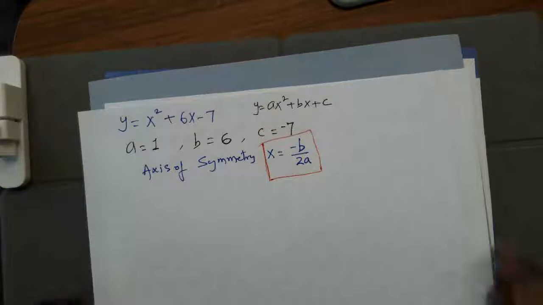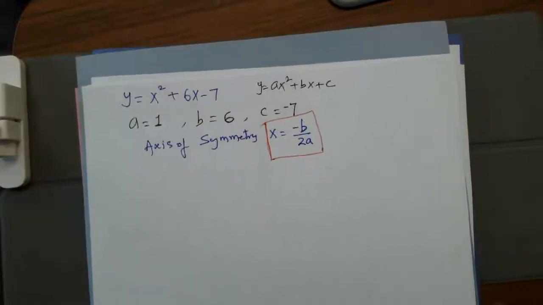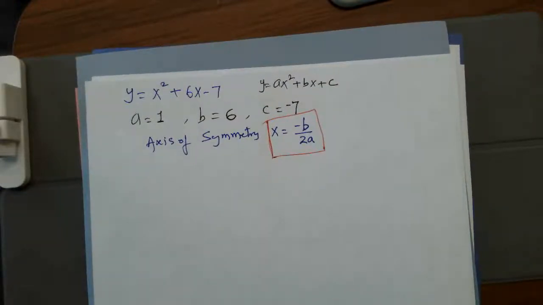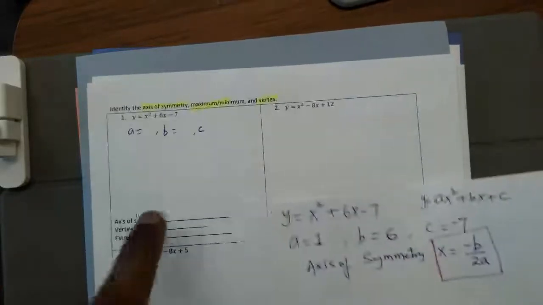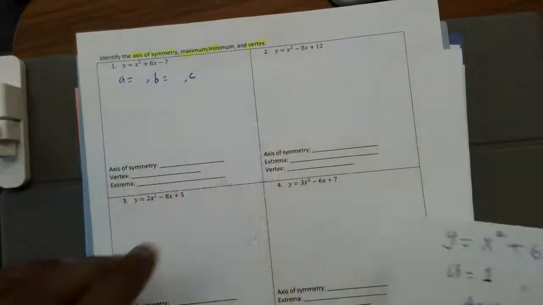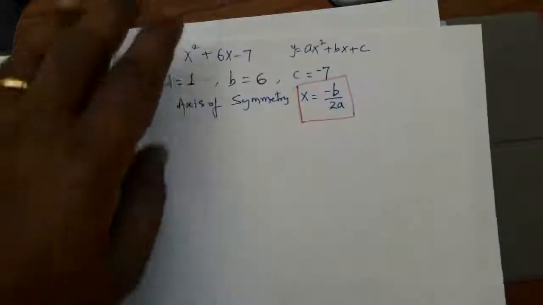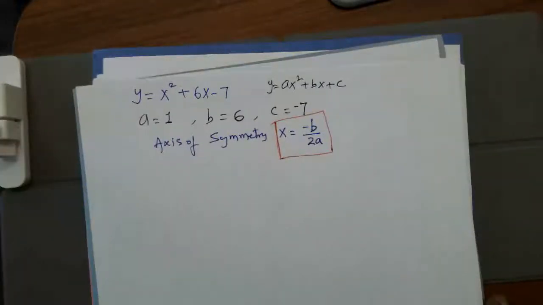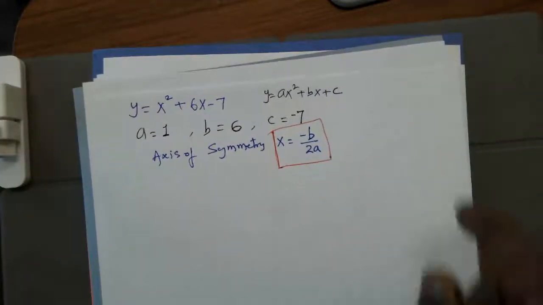So in order to find that axis of symmetry, we make use of this formula: x is equal to negative b over 2a. So I'll go ahead and write the same formula for all my 6 problems here. Okay, so axis of symmetry is that.